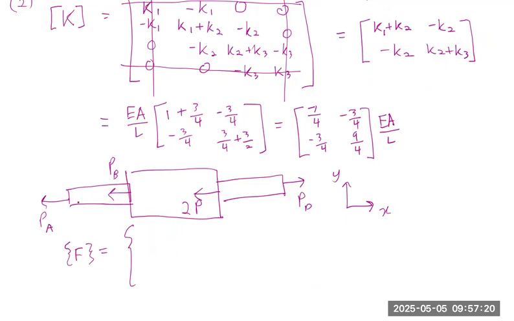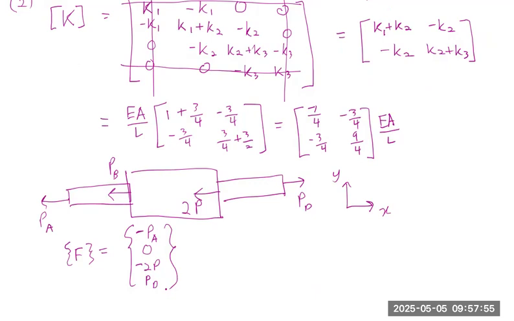First is going to be the external reaction force at PA, which because we took our positive convention to be positive to the right and PA is pointing to the left, is going to be negative PA. And then we have 0 at node PB because there's no external force applied at node 2. And we're going to have negative 2P at node 3. And finally, at node 4, we are going to have positive PD.